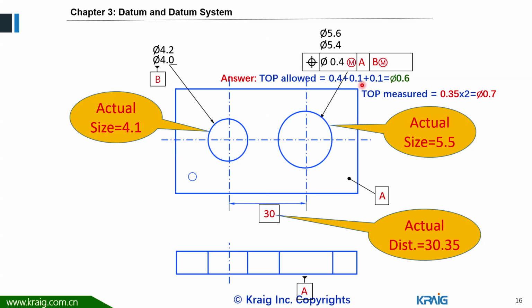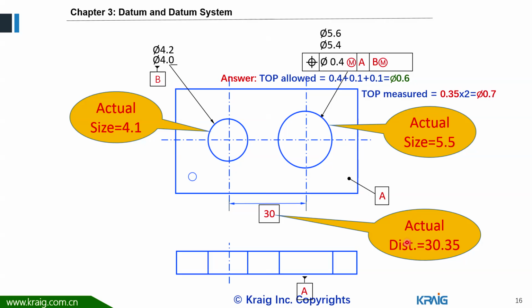So here is the bonus. The 0.4 is the basic position tolerance. So we add them together, the total position allowed will be 0.6. That means this tolerance feature or this hole is allowed to deviate left, right, plus minus 0.3. Right? Plus or minus 0.3.